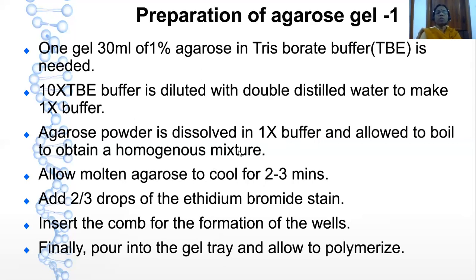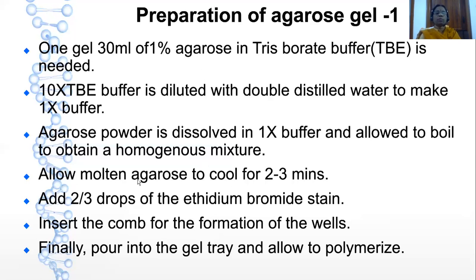Care should be taken to avoid the formation of air bubbles. If there are air bubbles in the gel, they will interfere with the mobility of the sample, and as a consequence we will get poor resolution of our samples and erroneous results.